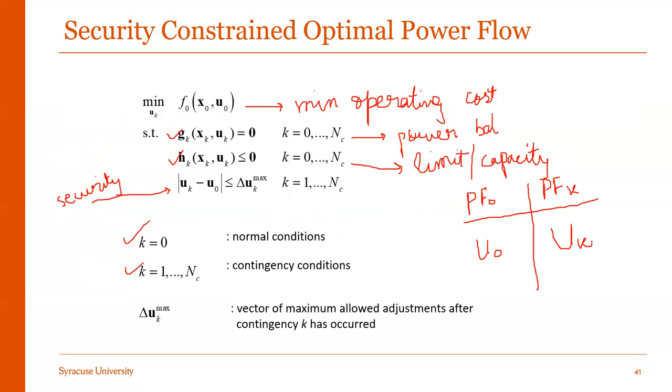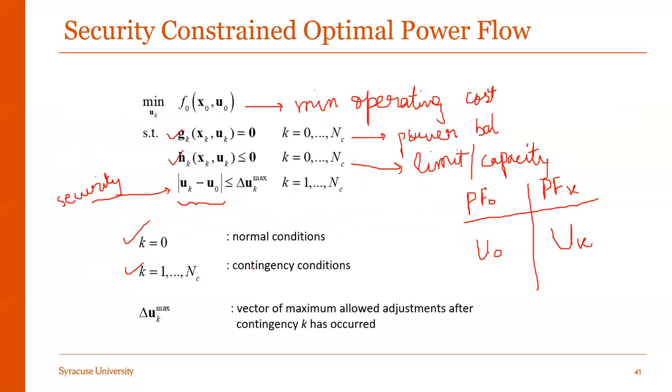To ensure that any failure of a single component does not violate any limits, we have to minimize the difference between the new line power flows and the original power flow, which is given by this expression.